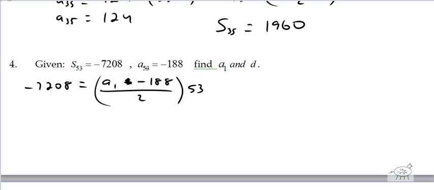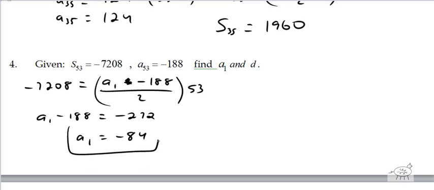And we just have to solve, however you want to solve. I'm going to multiply that by 2 and then divide by 53. So I wind up getting a sub 1 minus 188 is equal to negative 272. So a sub 1, add 188 to both sides, is negative 84.